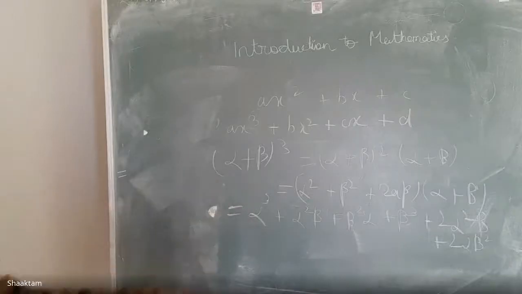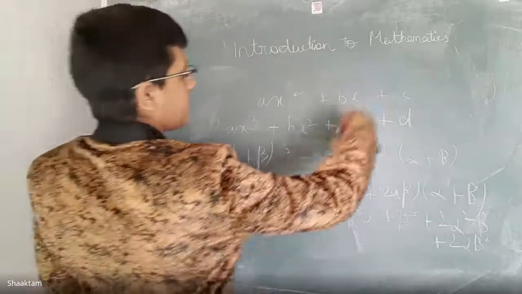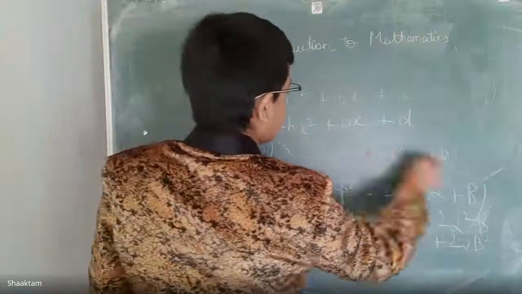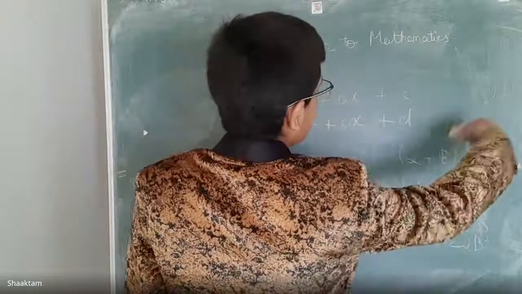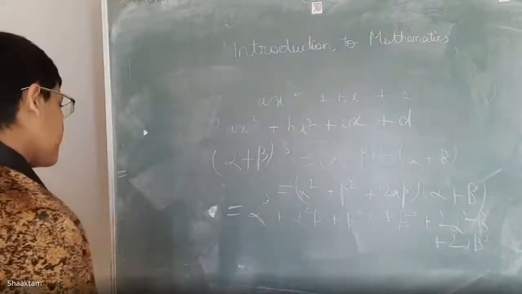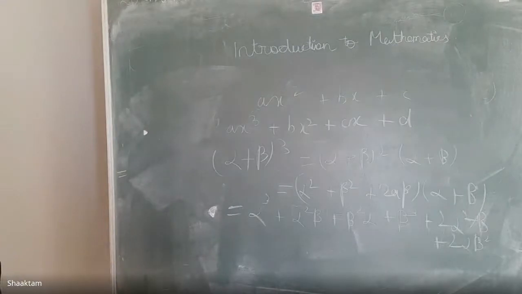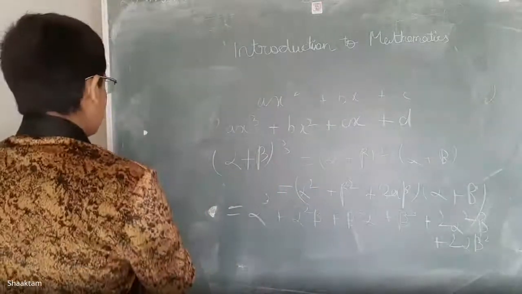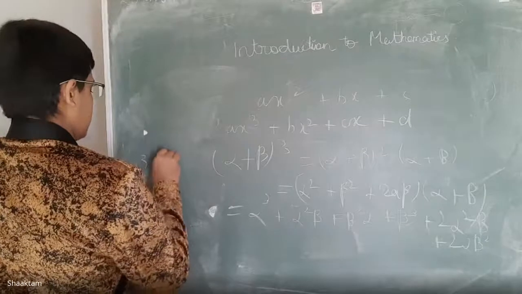When it's like this, you have to multiply each term with the other terms. Alpha square you multiply with both the terms, beta square with both the terms, 2 alpha beta with both the terms. Now alpha cube and beta cube, there's nothing else to keep them alike.